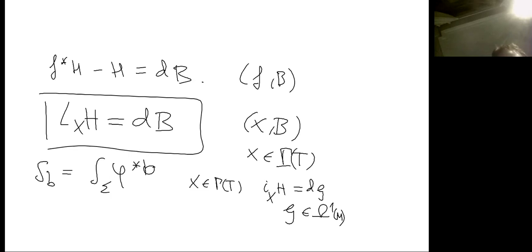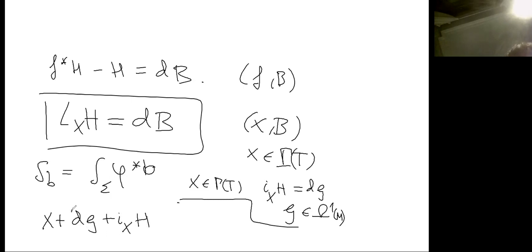And out of these special symmetries, I can cook up a Lie algebra element in the automorphism group of the Courant algebroid, which is X plus dG plus i_X H.